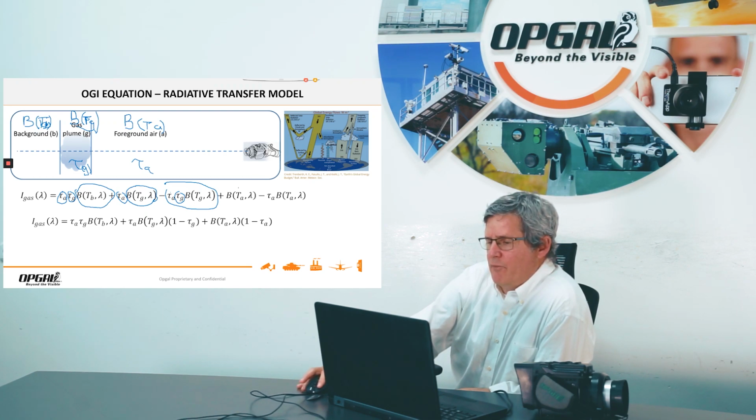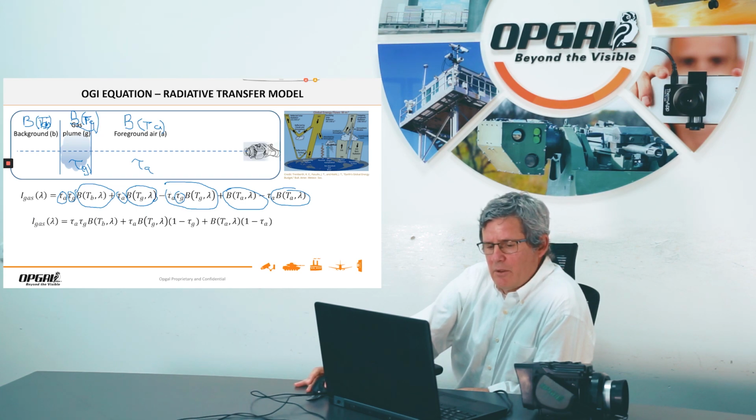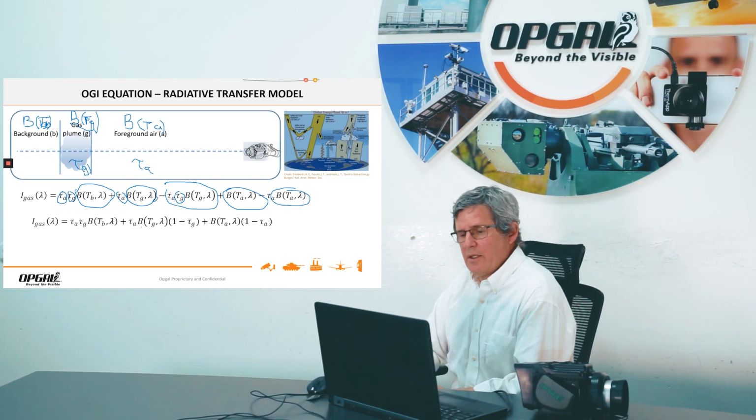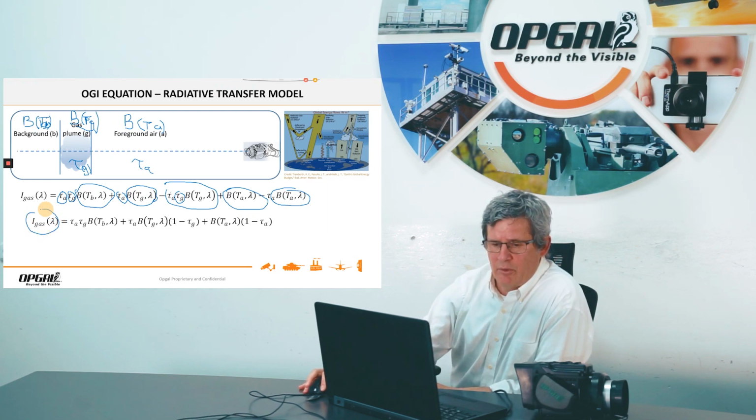And we have the foreground air layer, and this is the transmission, this is the emission, and this is the absorption of whatever this layer absorbs. So if we rewrite this equation, in the presence of a gas plume, this radiative transfer model will give us the spectral radiance that reaches the camera from the atmosphere. Okay, so this is the spectral radiance when we have the gas plume between the background and the camera.